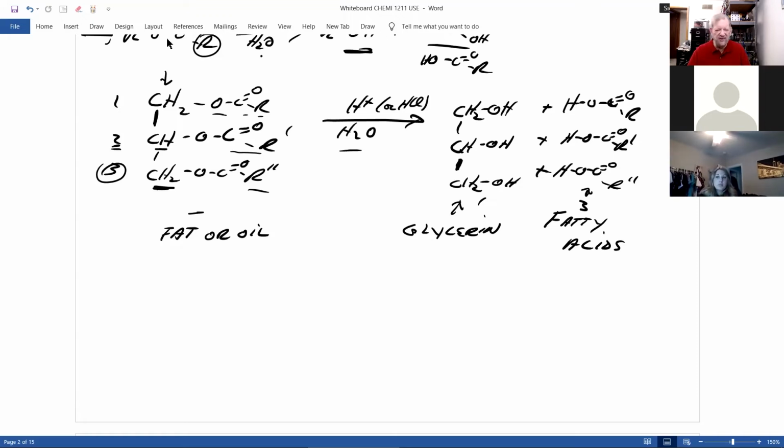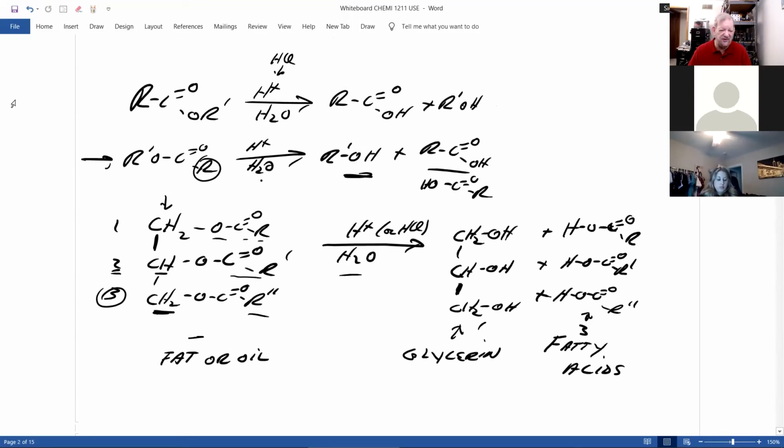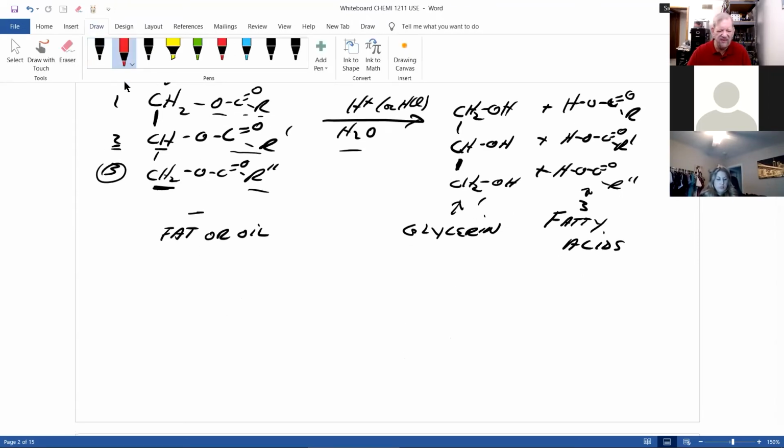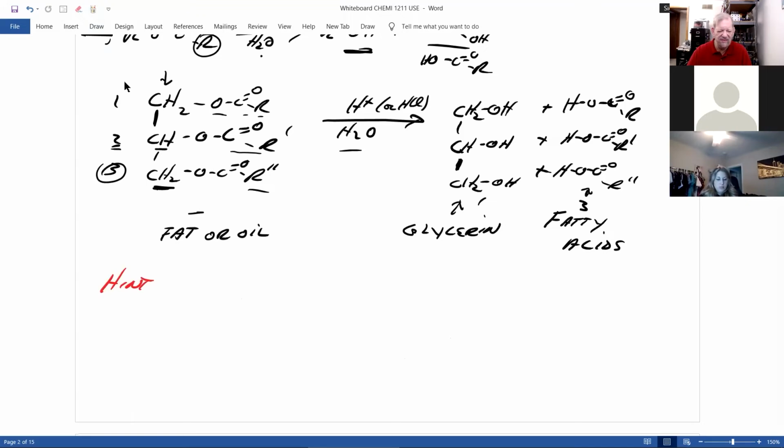Now, this turns out to be a very important reaction that you should know. And again, no new chemistry, just doing it in real life on a big molecule. Why? Because this is the way your body digests fats and oils.